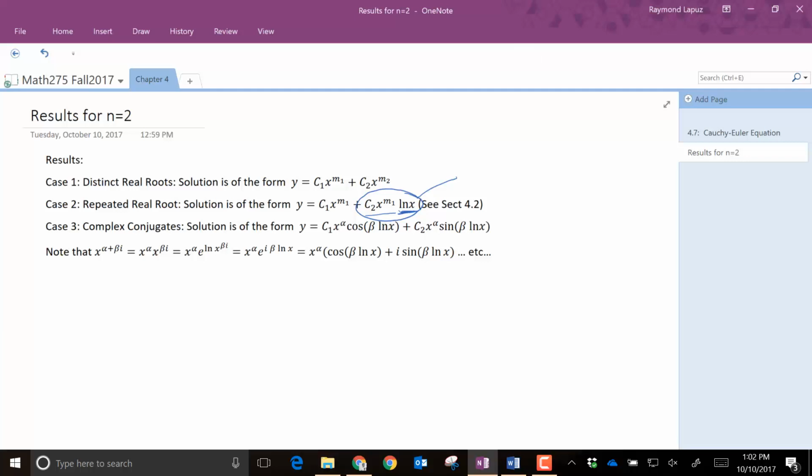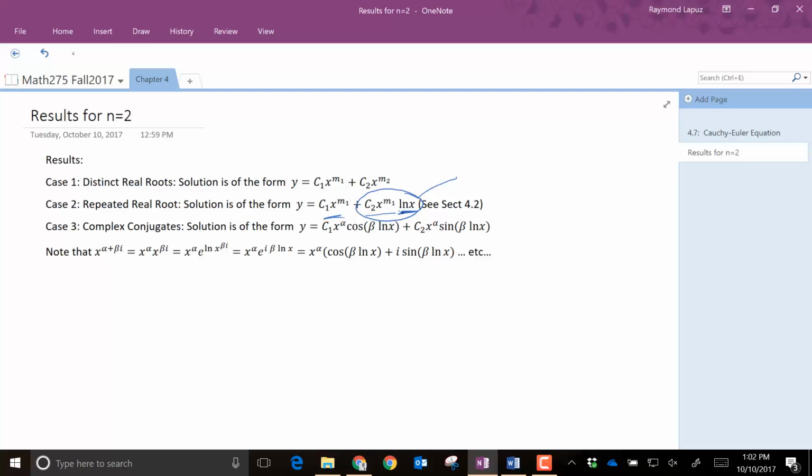But you can look up, or you can go through the process yourself in the reduction of order if we have one solution already. So that's section 4.2. If we have one solution already, there's a process of finding our second solution by the reduction of order, by some sort of substitution, and then you can get that our second solution.